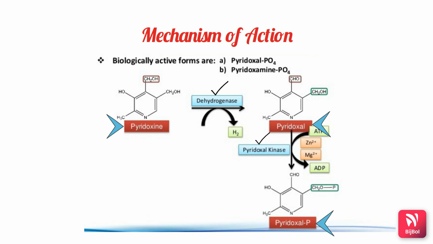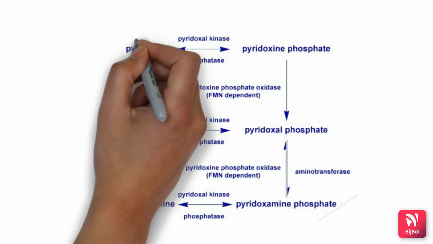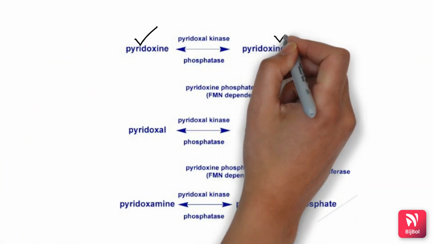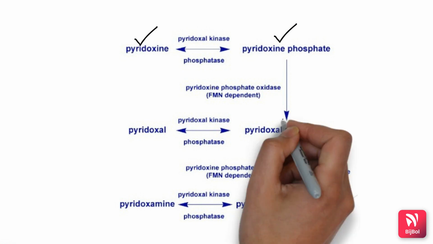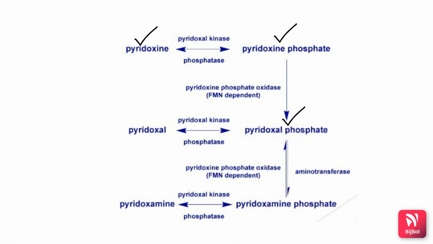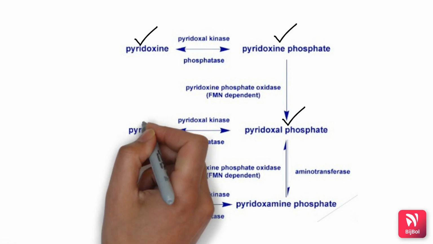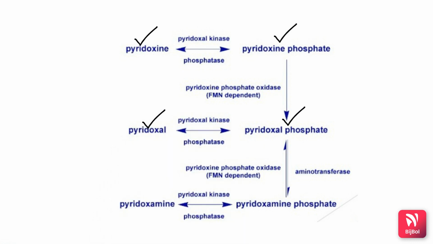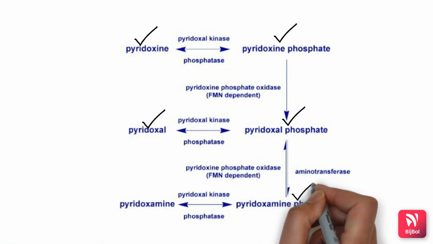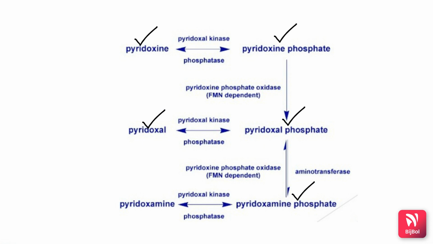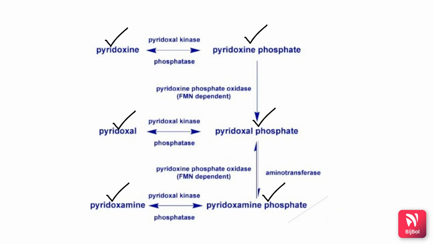So if you look at this picture, pyridoxine gets converted to pyridoxine phosphate, from which pyridoxal phosphate is formed. This gets converted to pyridoxal. On the other hand, pyridoxal phosphate gets converted to pyridoxamine phosphate, from which finally pyridoxamine is formed. So in this reaction, the biologically active forms of vitamin B6, pyridoxal phosphate and pyridoxamine phosphate, are formed from pyridoxine.